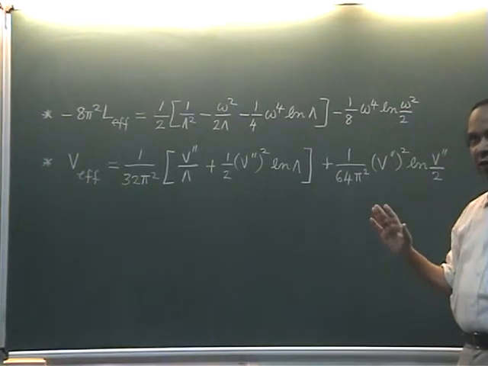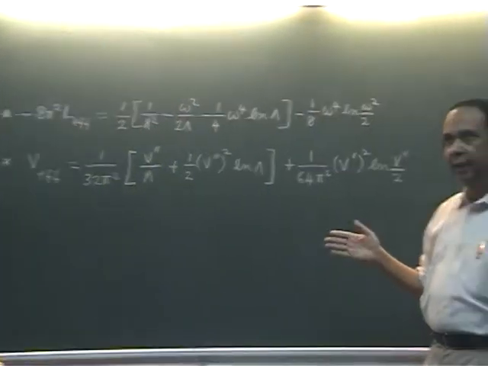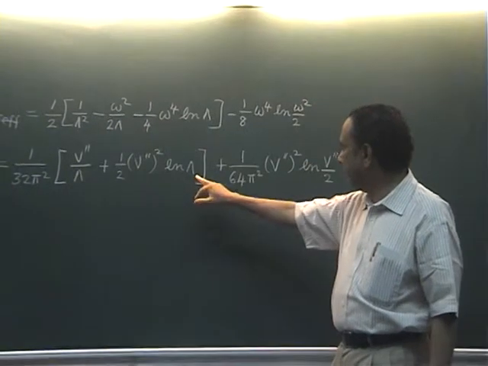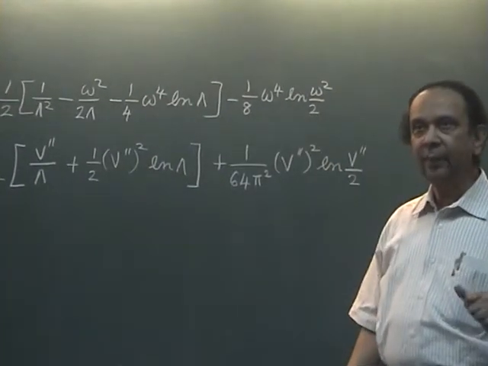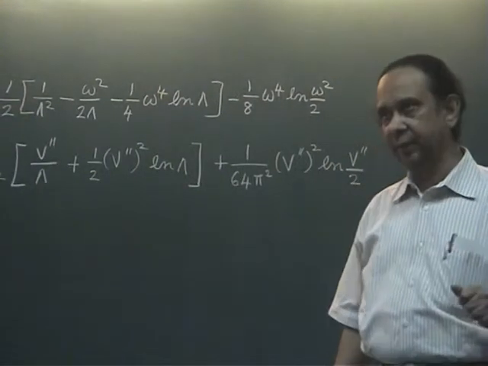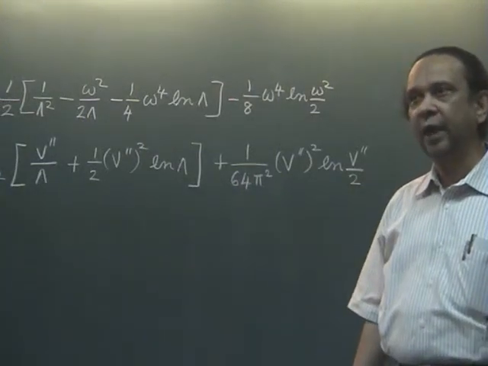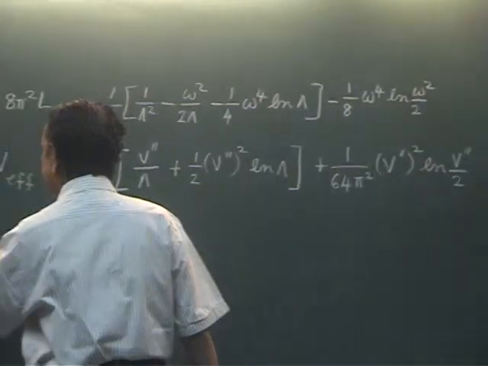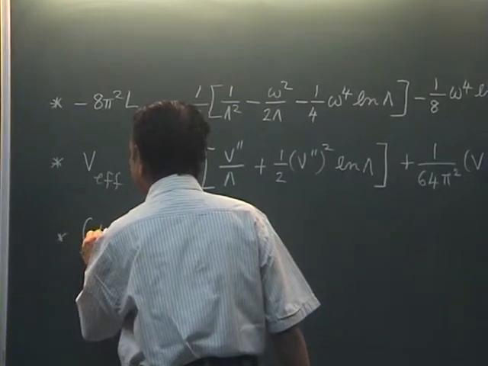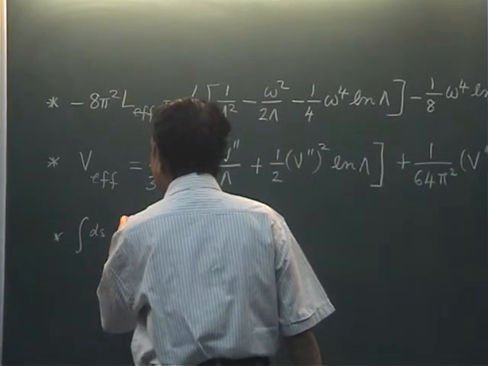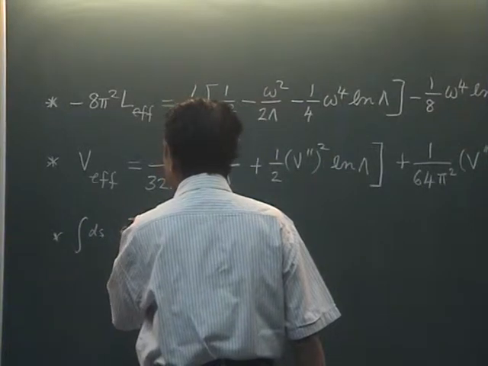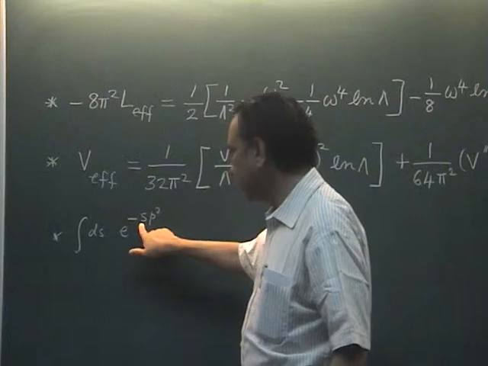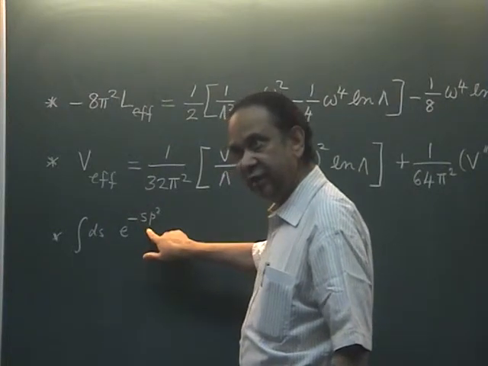Now, we also found that when we did this calculation, there is an integral which needed to be cut off, and the cutoff scale we introduced was lambda, and lambda was a cutoff scale in the length, more precisely in the square, because if you remember, we had an integral over ds with e to the minus something like s p squared kind of structure. So s has dimensions of inverse p squared, which is length squared.